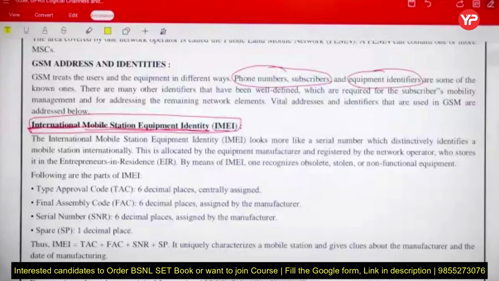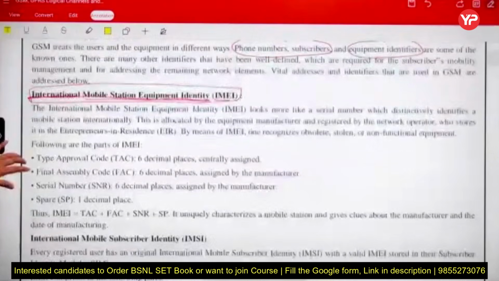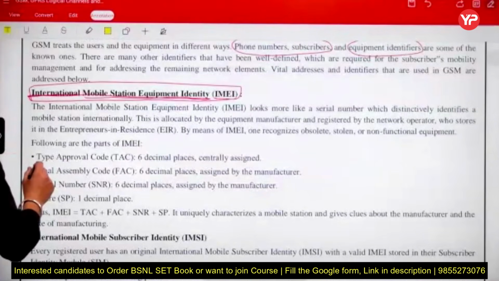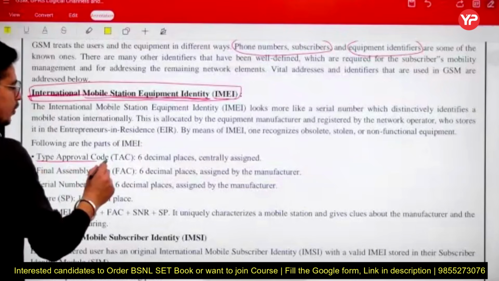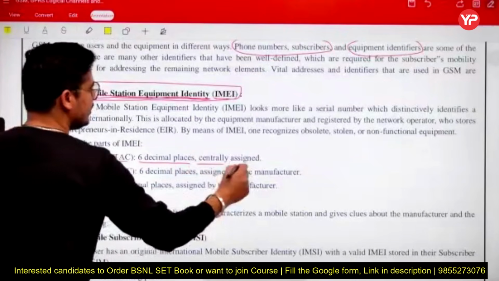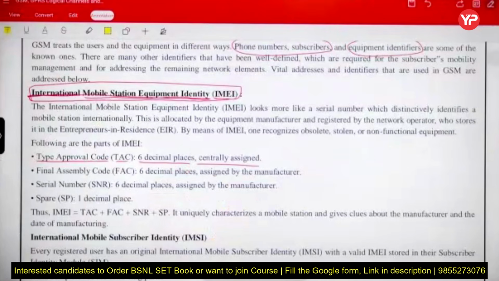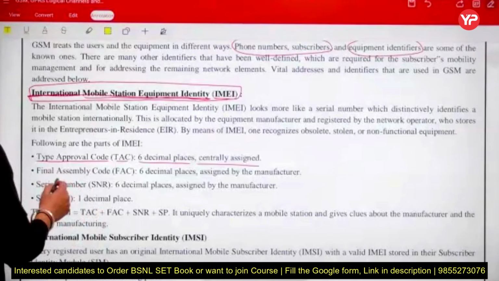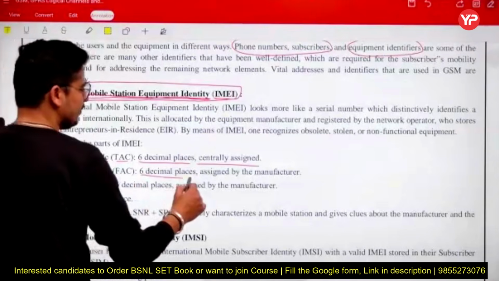In that one, what we have: first is the Type Approval Code, TAC. That is a 6 decimal place code, centrally assigned. Next is the Final Assembly Code, FAC. That is assigned by your manufacturer, and it is 6 decimal places.